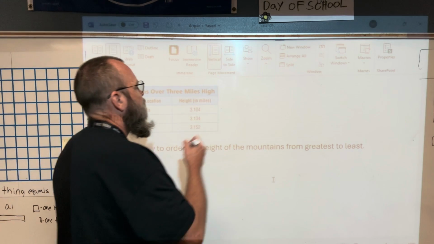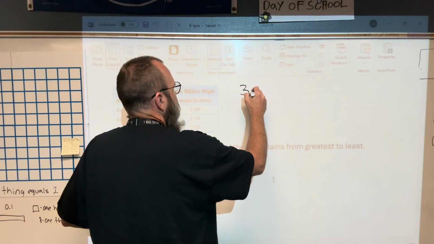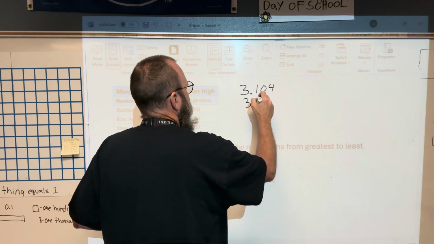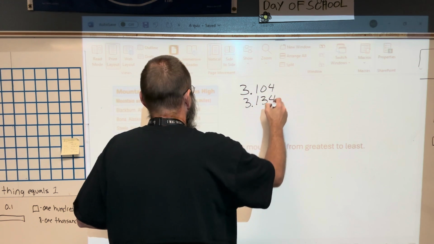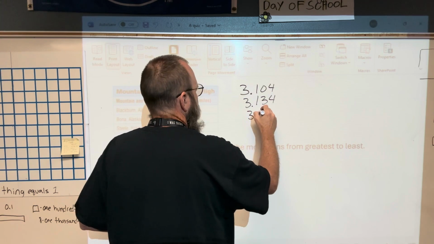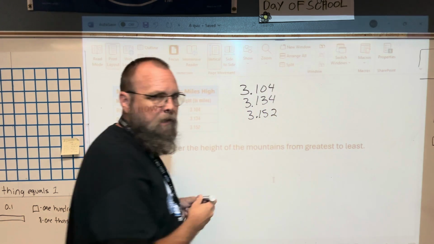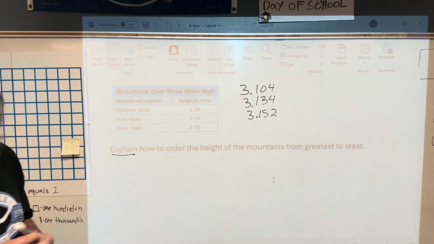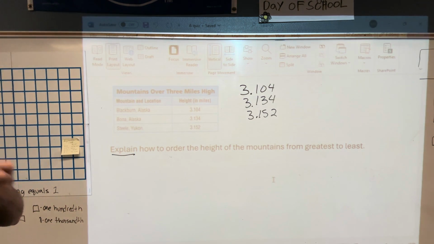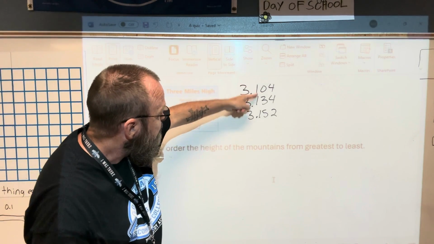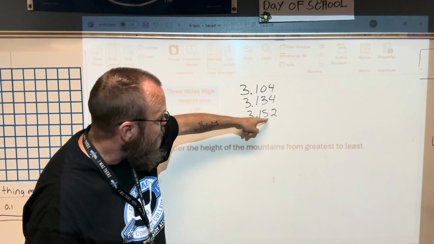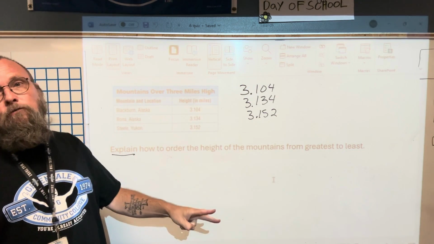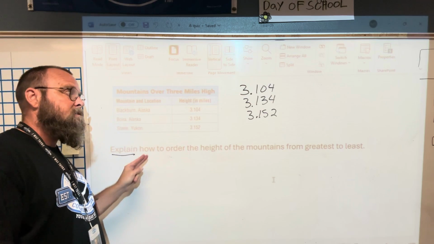You're explaining. When we're comparing and ordering, we write them down and we line up the place values. So I would write them down lining up the place values. So I have the ones place, the tenths place, hundredths place, thousandths place. So that's step 1. Step 2, I start comparing from the biggest place value.